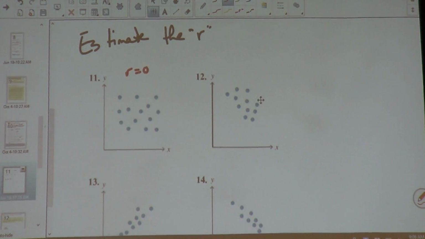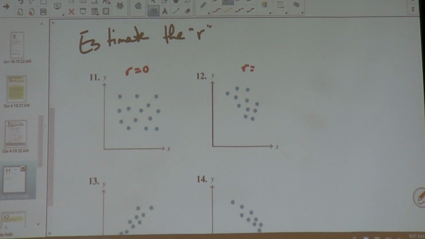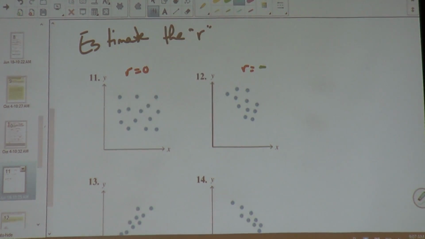I would say the R would be about a 0. For number 12, let's start off by talking about, is it positive or negative? It's negative. The R value is negative because it's going downhill.